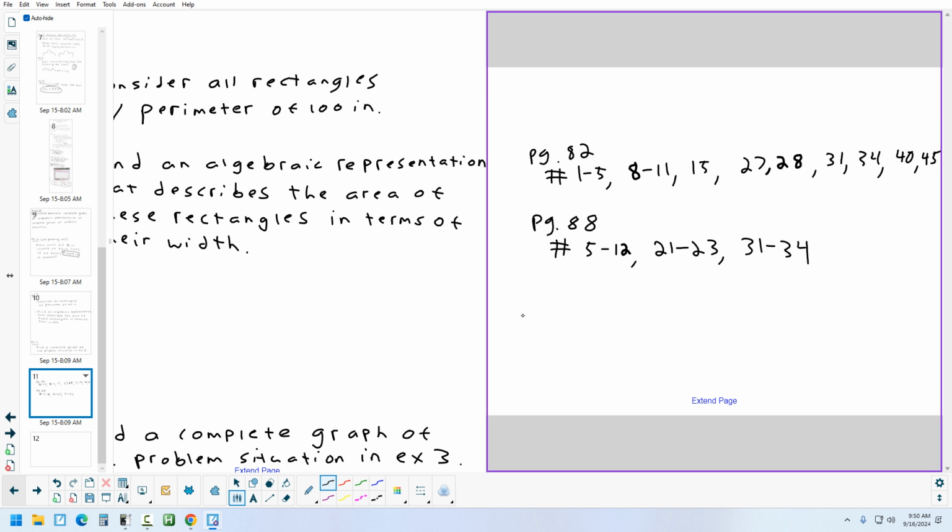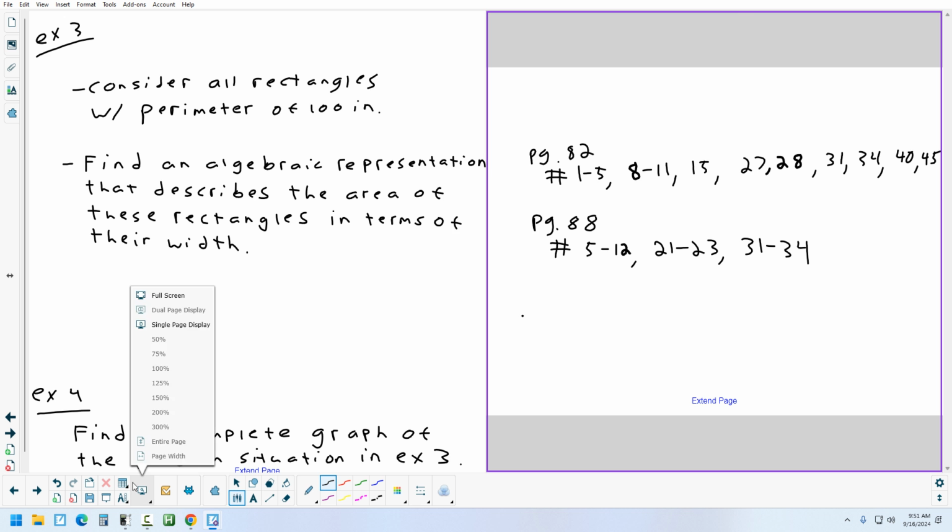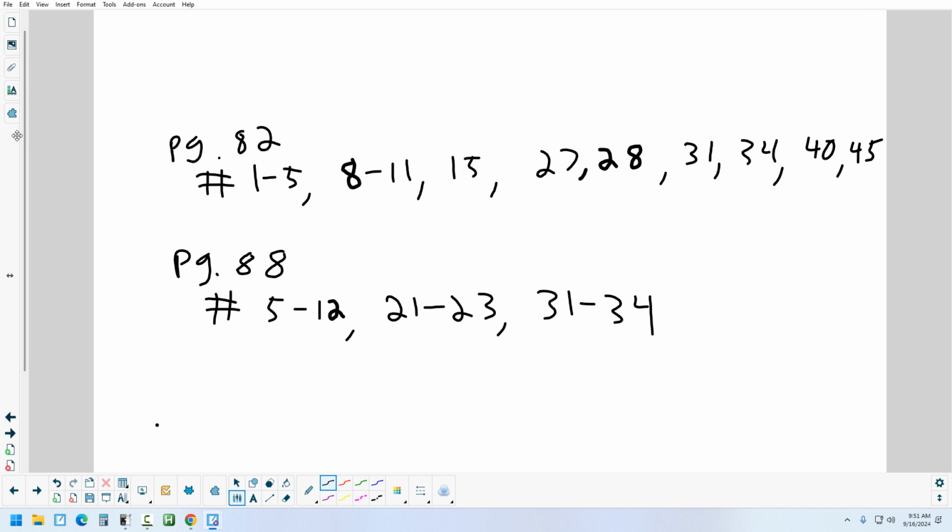All right, so I think that's a good place to stop. Remember, on page 88, we're in the middle of a section right now. The first page, page 82, some of that is just steps you have to show on the calculator, finding roots. If they ask you to find a root, you just have to write down the answer. You don't have to write down the steps like I did.